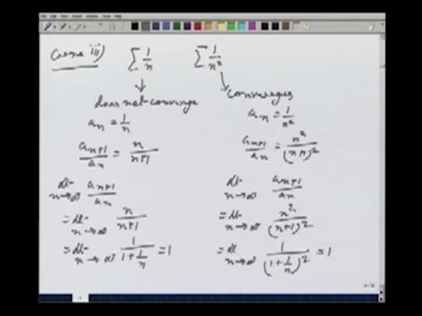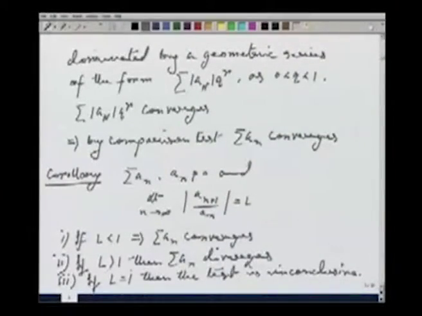So we see that in both the cases the required limit of an plus 1 by an turns out to be 1. But in one case the series converges and in one case the series does not converge. That means in the case L equals 1, the test does not reveal any fact about the infinite series. So this test will only apply when L is less than 1 or when L is bigger than 1. L less than 1 implies the series converges, that is what is given in 1. And if L is bigger than 1, then the series an diverges.